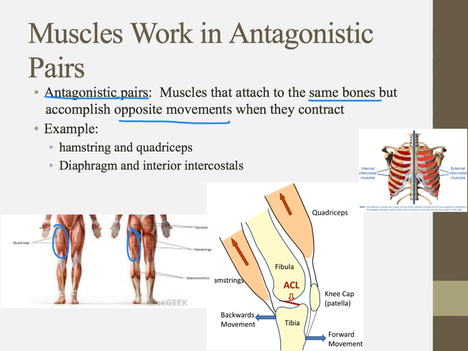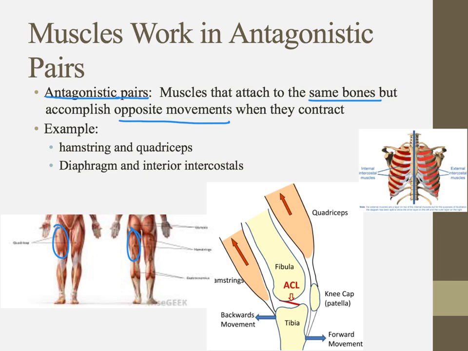They're both involved in your knee joint. When your quadriceps contract, they're going to pull your leg upwards, straightening your knee. When your hamstrings contract, they're going to bend or flex your knee. Because they are attached to the same bones but accomplish opposite movements, we call them antagonistic pairs.